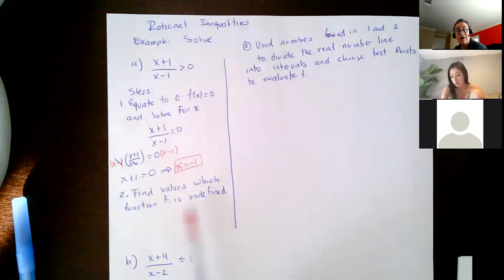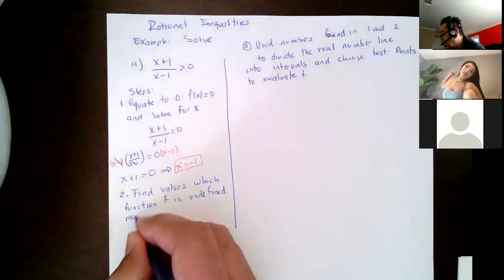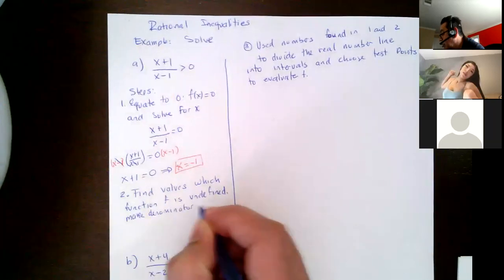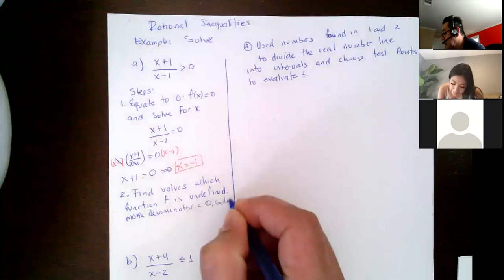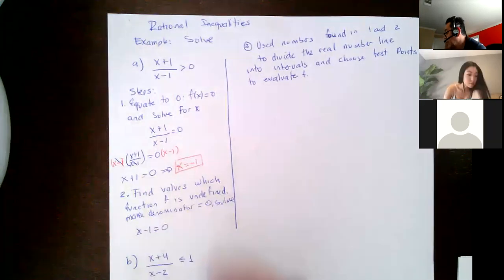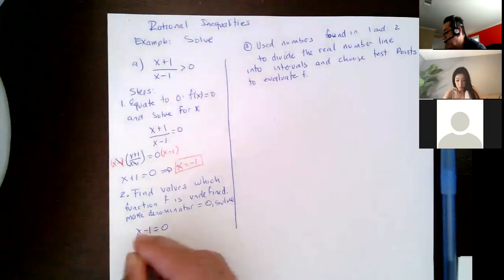Well, what are the values that would make it undefined? Well, we need to check the denominator. Make the denominator equal to 0 and solve for x. So that would be x minus 1 equals 0 and x equals what? 1, right?